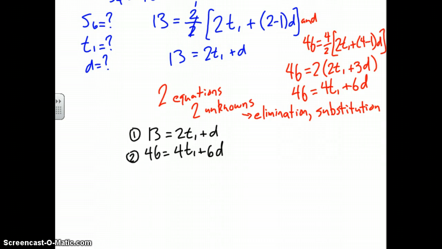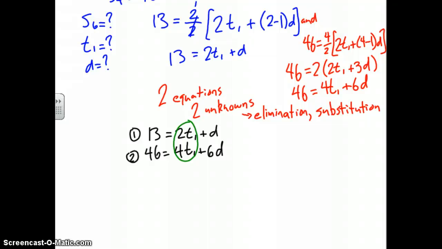Now remember, substitution is when you isolate one of these variables and substitute it in. Elimination, on the other hand, is where we want to cancel off a variable. Looking at this here, I see those 4T1 terms, that would be pretty easy to eliminate.